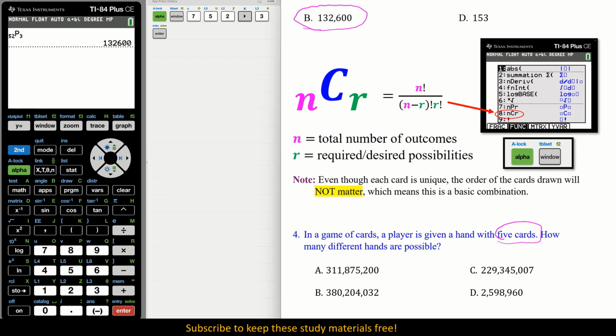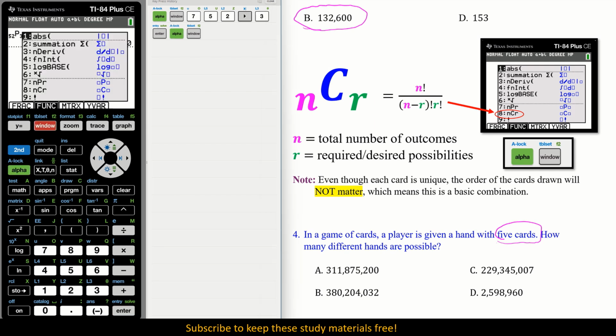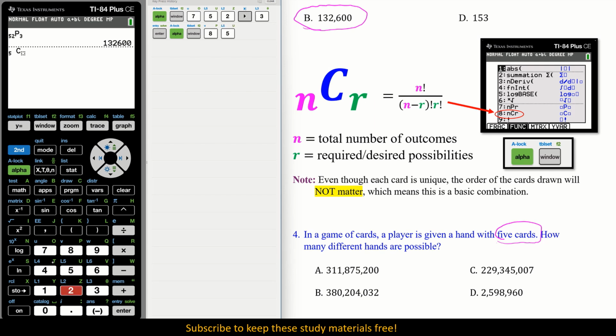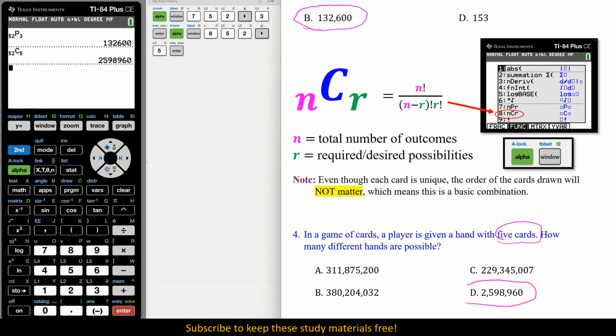So the order of the 5 cards isn't an issue. We do the same thing on our calculator. You say alpha window, but we need number 8. We still have 52 cards, but this time we're talking about 5 cards being pulled out. So take the 5, push enter, and that is selection D. The others are pretty large amounts, but it could have been true.